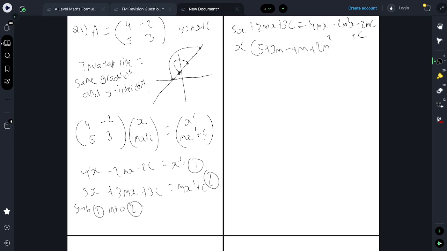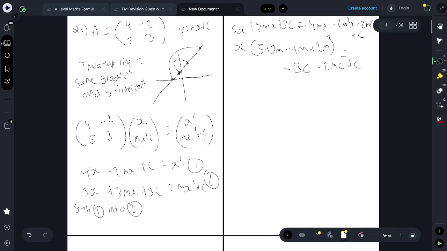So that's all the x terms, and that's going to equal, I'm going to put it down here a little bit, the right hand side, the non-x terms: 3c, minus 3c because it's going to the right, minus 2mc plus c.